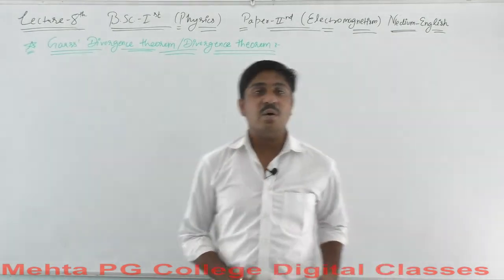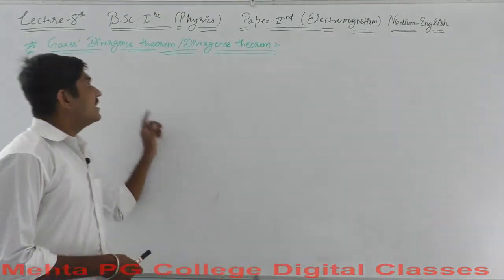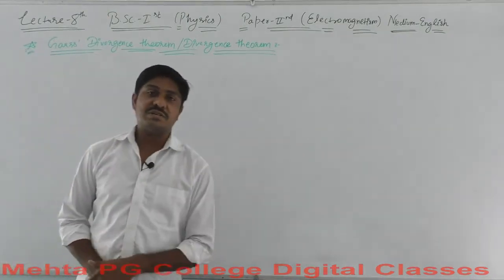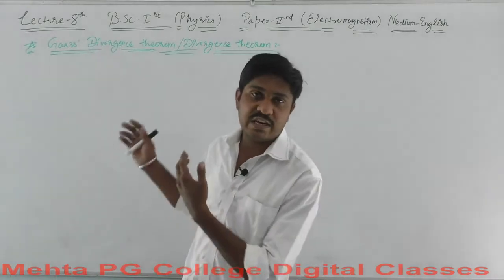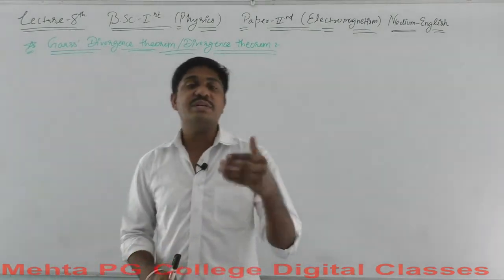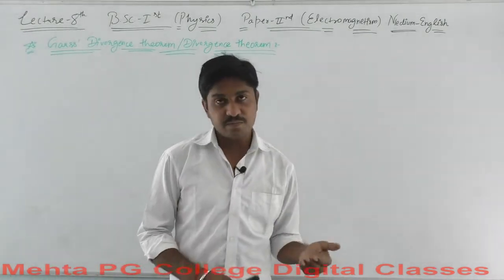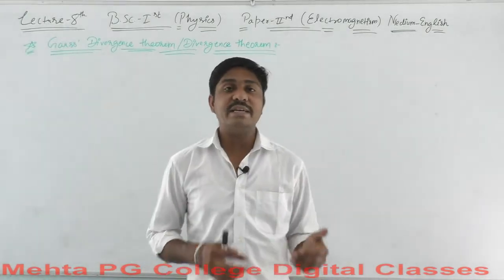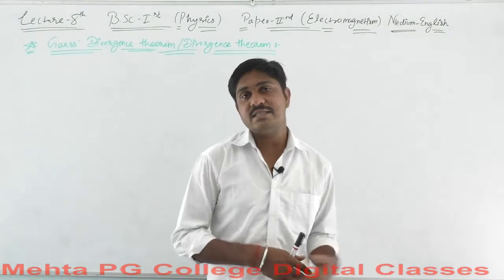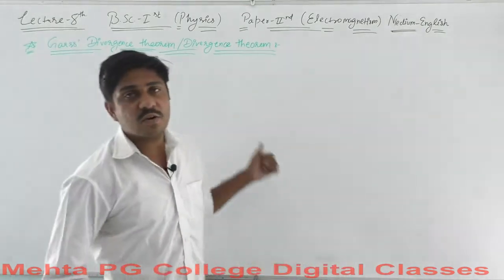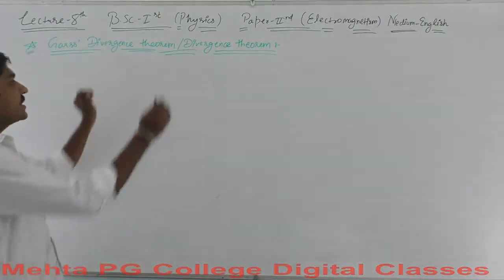Let us consider what happened here. This is a relation. Yes, this is a theorem, also a relation, and sometimes you can term it an identity. You remember the identities we discussed earlier in lecture 7th of our series. So let's proceed. What does Gauss's divergence theorem say?